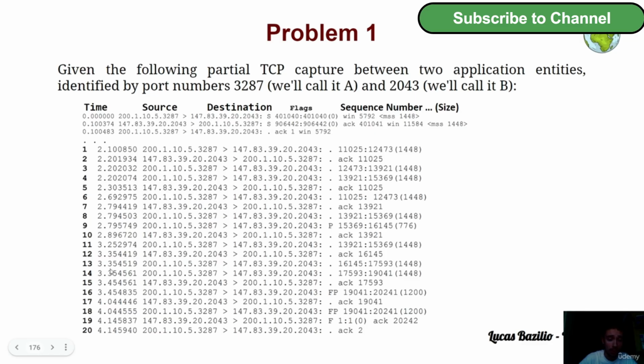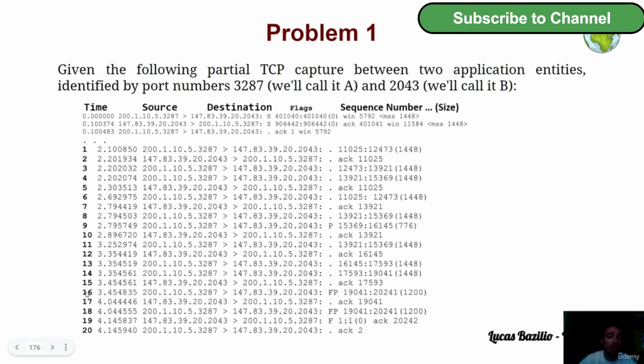In the same way, 13 is a packet from A to B, and then on 15 we have the acknowledgement from B to A, and again we have around 100 milliseconds. In fact, it is more precise to compute the round trip time with this last example, 13 to 15, because on packet 13 we are sending a data frame with the sequence number 17593, and on 15 we have the acknowledgement of this same sequence number.